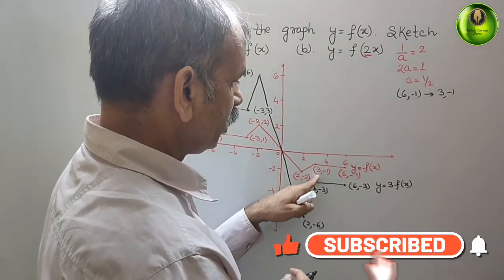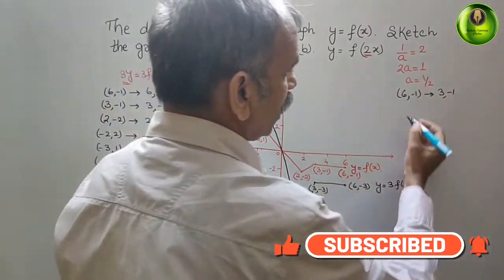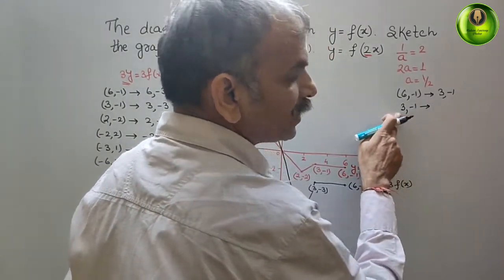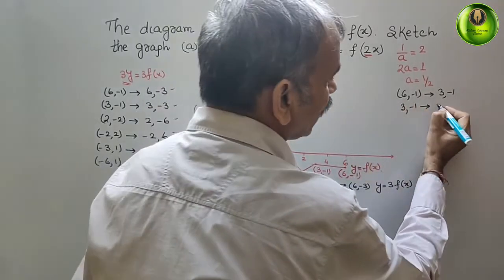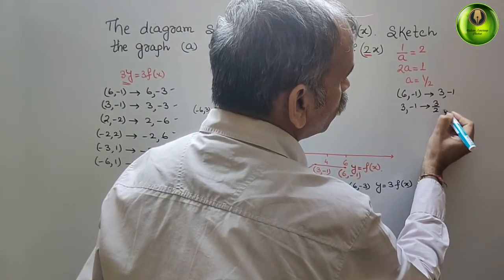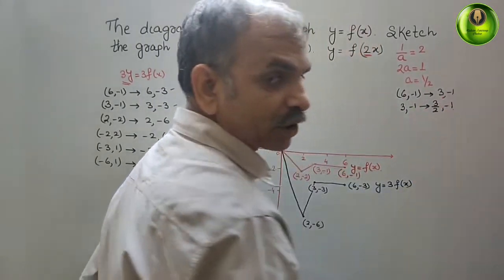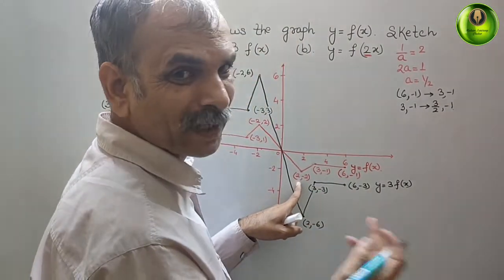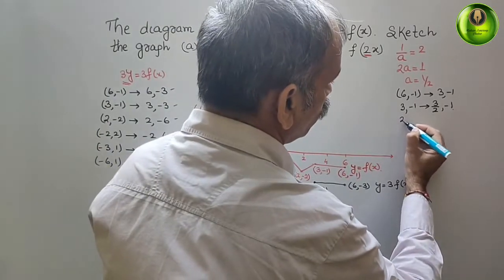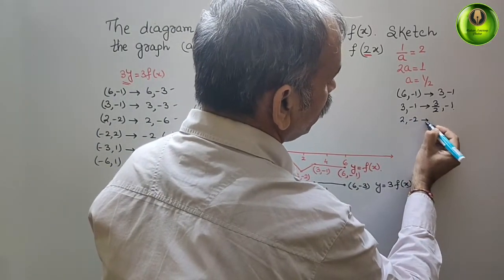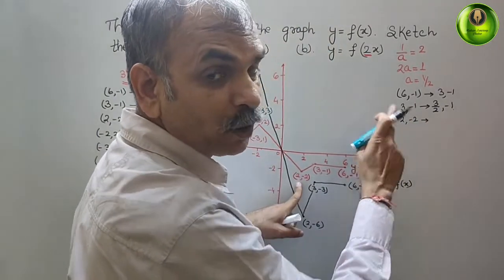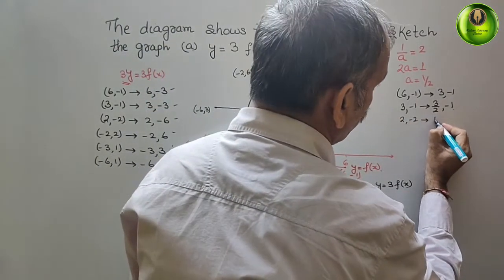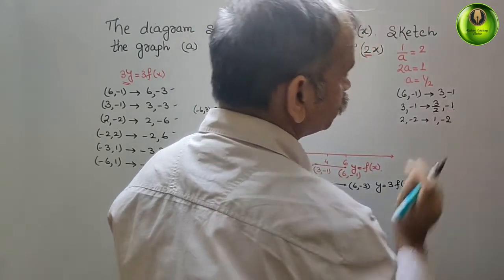Next, 3 comma minus 1, divided by 2, you will get 3 by 2 comma minus 1. Next, 2 comma minus 2, 2 by 2 is 1, so 1 comma minus 2.